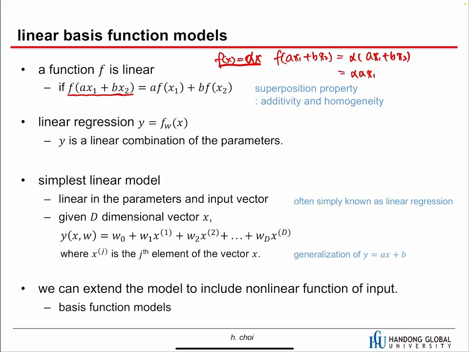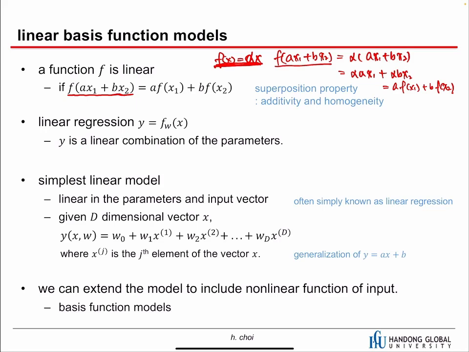This one is alpha a x1 plus alpha b x2, which is a f of x1 plus b f of x2. So when f of x is this simple linear equation, it satisfies this superposition property, which means we just proved that this function is linear.